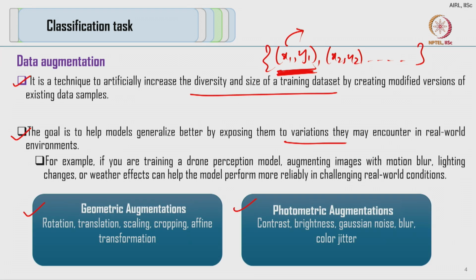Now essentially there are two broad augmentation techniques, but there are more sophisticated augmentations which do not fall only in these two criteria. First is the geometric augmentation, which is rotation, translation, scaling, cropping, affine transformation, etc. The second one is the photometric augmentations, such as contrast, brightness, Gaussian noise, blur, color jitter and so on.